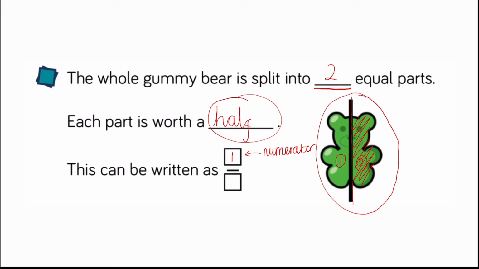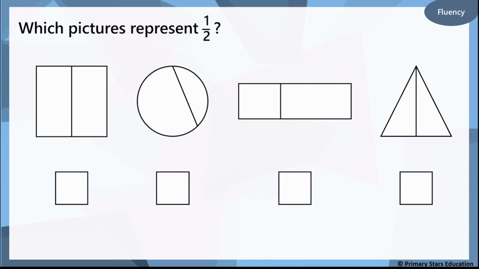So that's my numerator because that tells me how many parts I have. And my denominator, which goes on the bottom, don't forget, tells me how many parts there are to make a whole. So how many parts are there to make a whole? 2. Well done. And this is a half. 1/2. Like that.